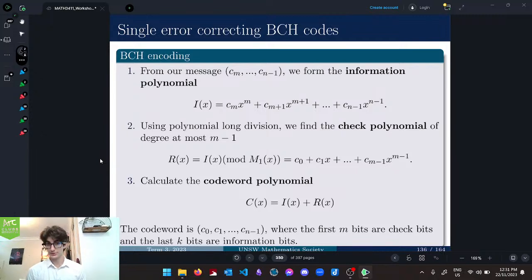Using polynomial long division, we find the check polynomial of degree at most m minus 1 as being this, and calculate the code word polynomial. The code word is, as given here, where the first m bits are check bits and the last k bits are information bits. We'll remember k was n minus m, so just the remaining bits.